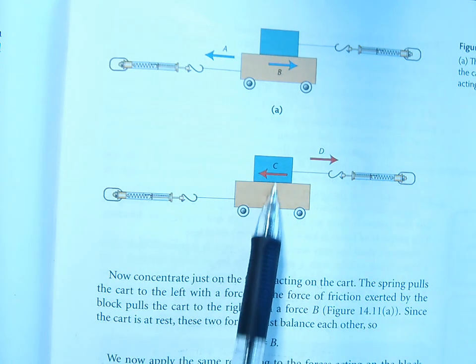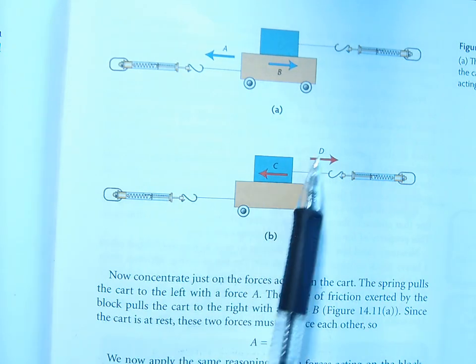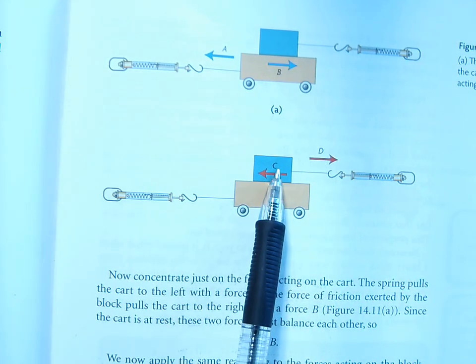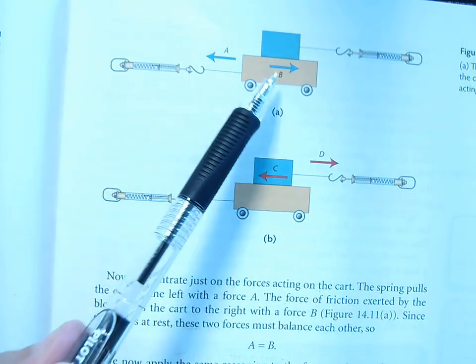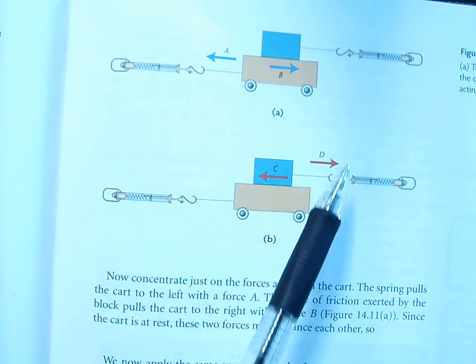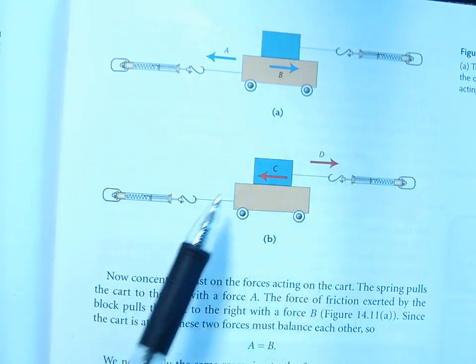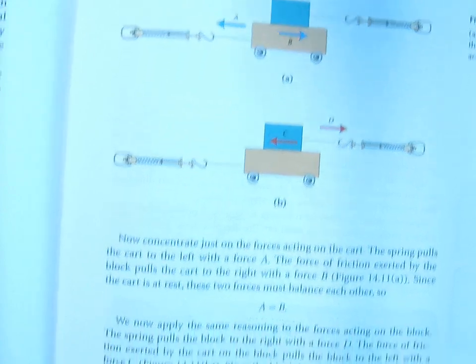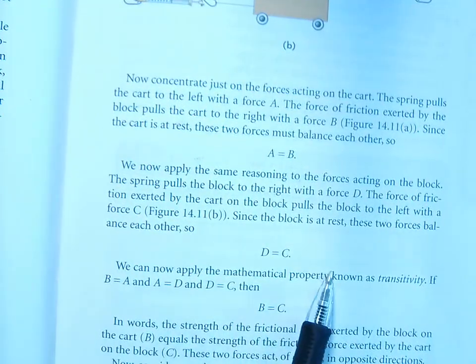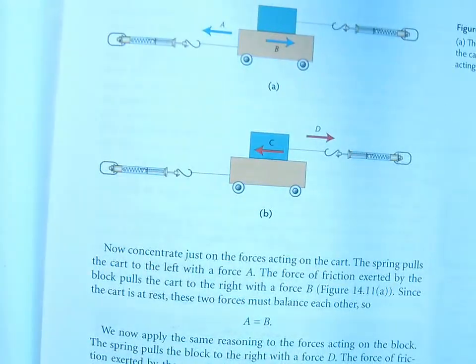So the forces acting on the block are me with the spring scale pulling this way, and then just the natural friction between objects that are in contact with each other. So those must be equal because, again, the block's not moving. So same rationale here. A and B are the two forces acting on just the cart by itself. D and C, or C and D I should say, are the two forces acting on just the block.